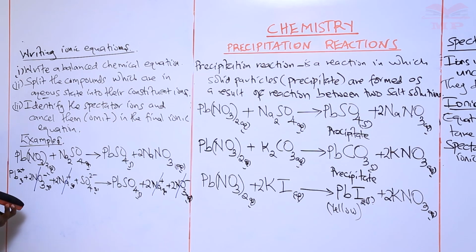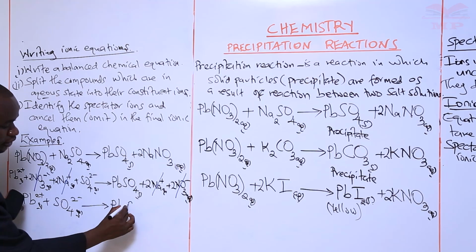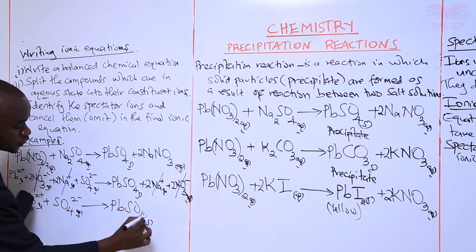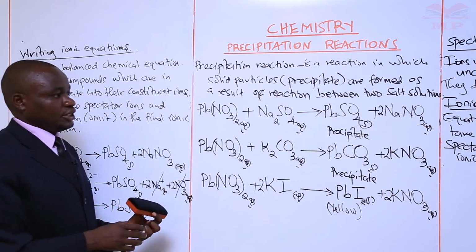So this will be the final ionic equation. We shall have lead ions aqueous reacting with the sulfate ions aqueous, and that will give you lead sulfate solid, and that will be our ionic equation.